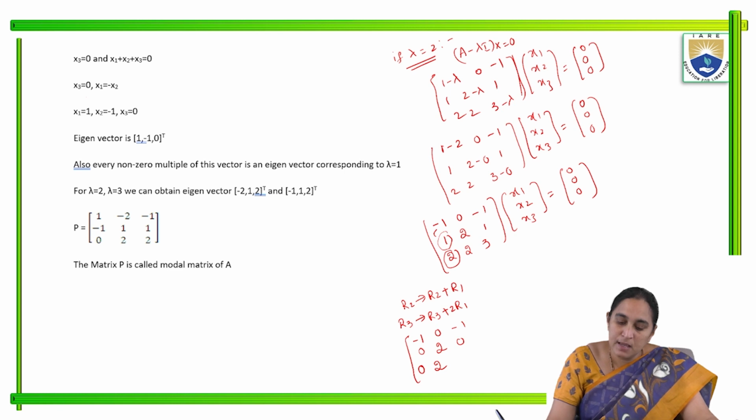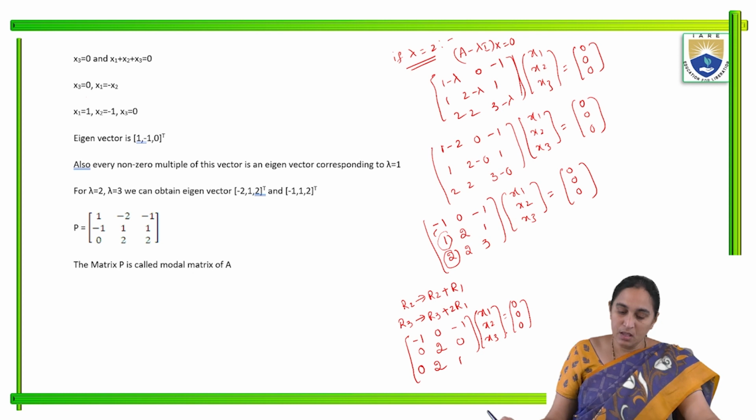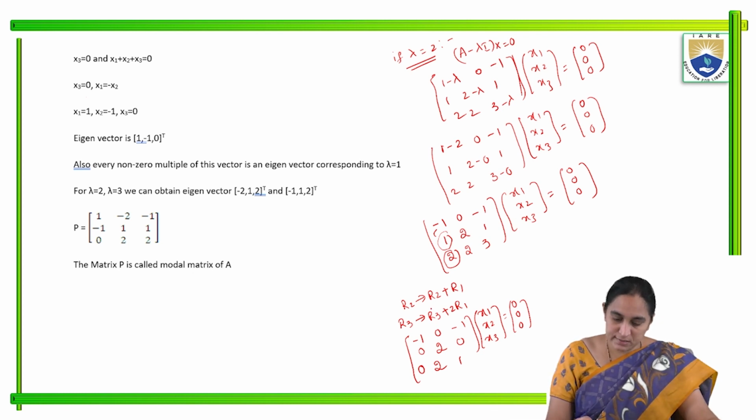Next 3 minus 2, that is 1, into x1, x2, x3 is equal to 0, 0, 0. Once observe, is it right or wrong? R3 row with respect to R1, 2 minus 2, 0 and 2 minus 0, 2 and 3 minus 2, 1. Okay, this is the row operation.